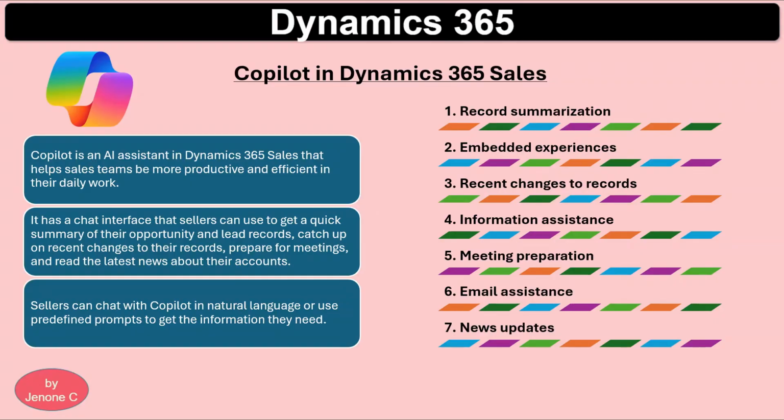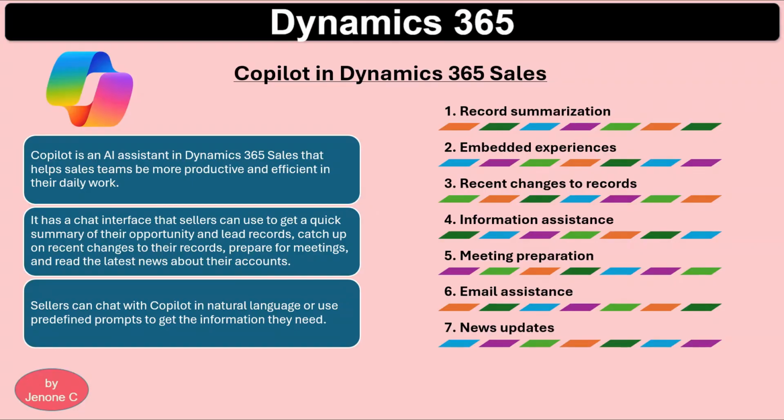This Copilot in D365 Sales provides a chat interface that the salespersons can use to get a quick summary of their D365 records, catch up on the recent changes of their records, prepare for upcoming meetings, and read the latest news about their accounts.